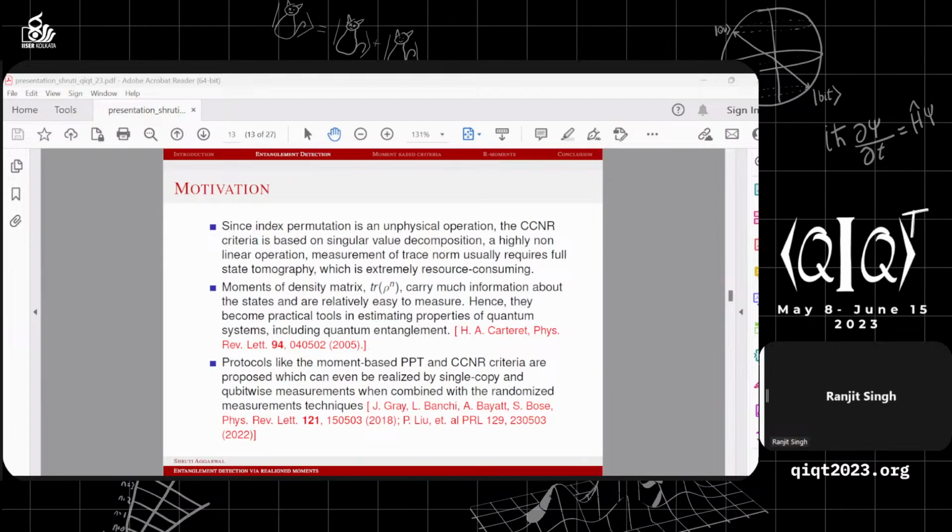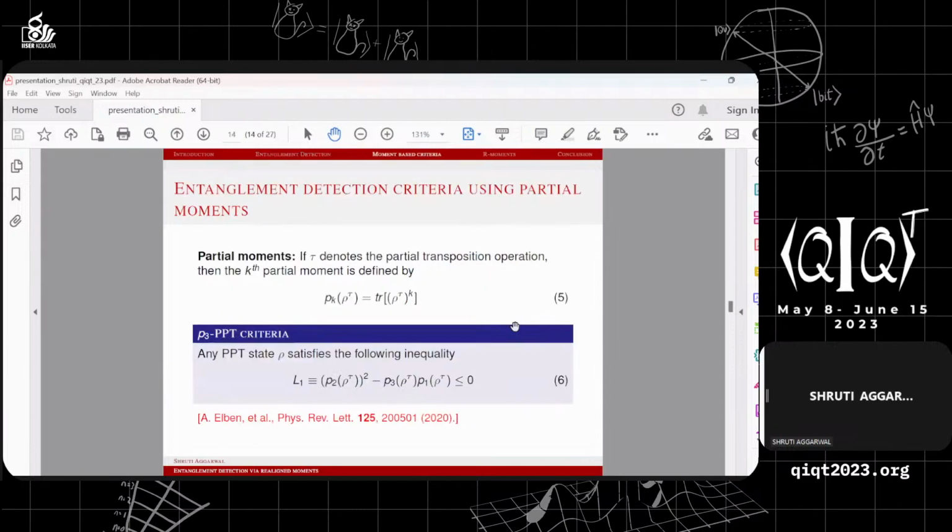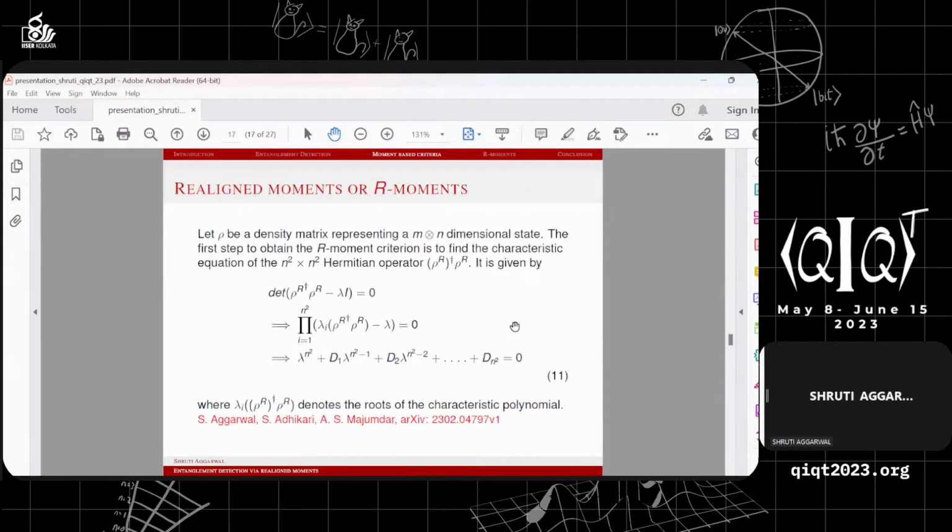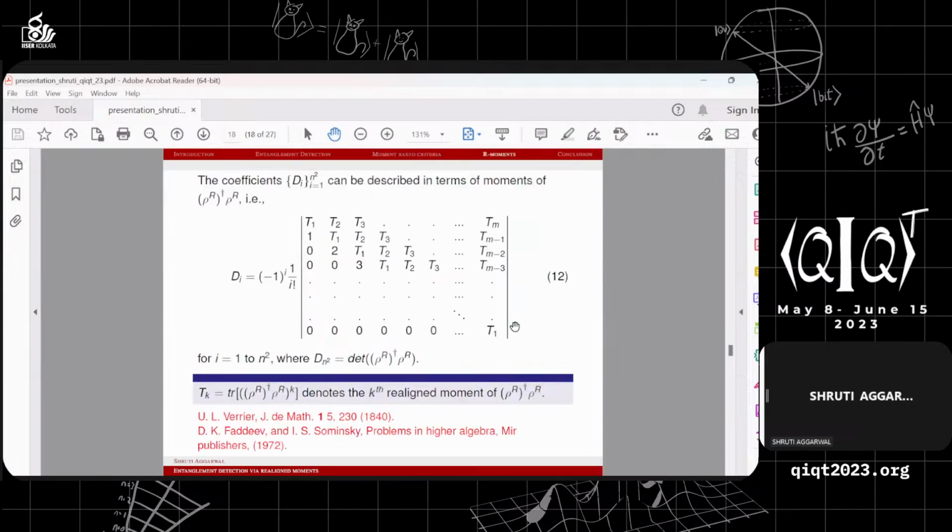How many moments do I need to identify whether my state is entangled or not? To check whether the state is entangled, we have to apply this inequality, and this inequality is based on the rank of the realignment matrix.